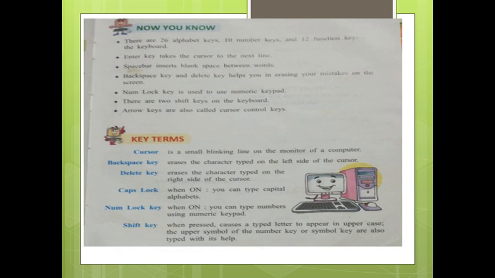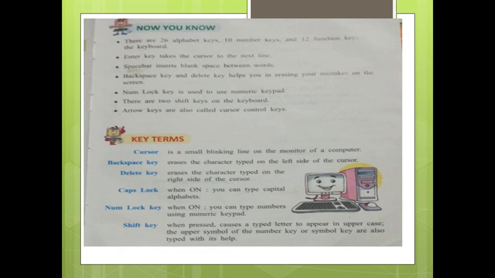Okay, now key terms. Cursor is a small blinking line on the monitor of the computer. Backspace key erases the character typed on the left side of the cursor. Delete key erases the character typed on the right side of the cursor.